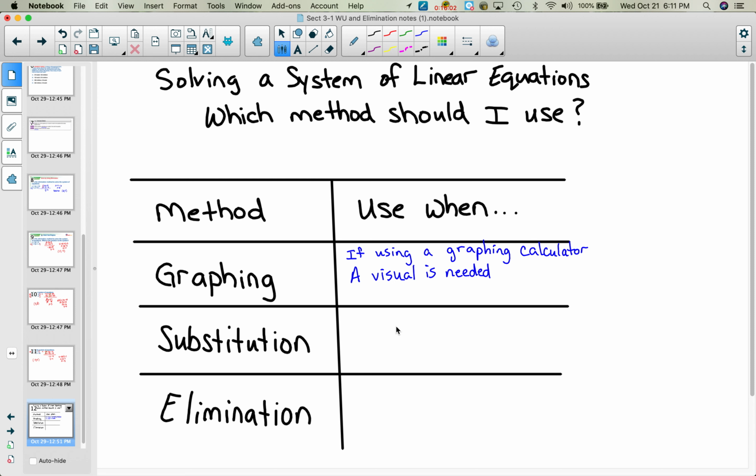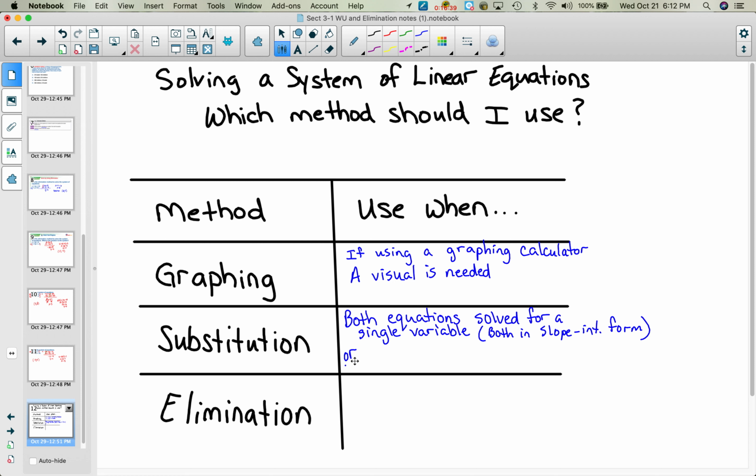I would use substitution if both equations are solved for a single variable, either an x or a y. For example, if they were both in slope-intercept form, that would be an example of when I would do substitution.